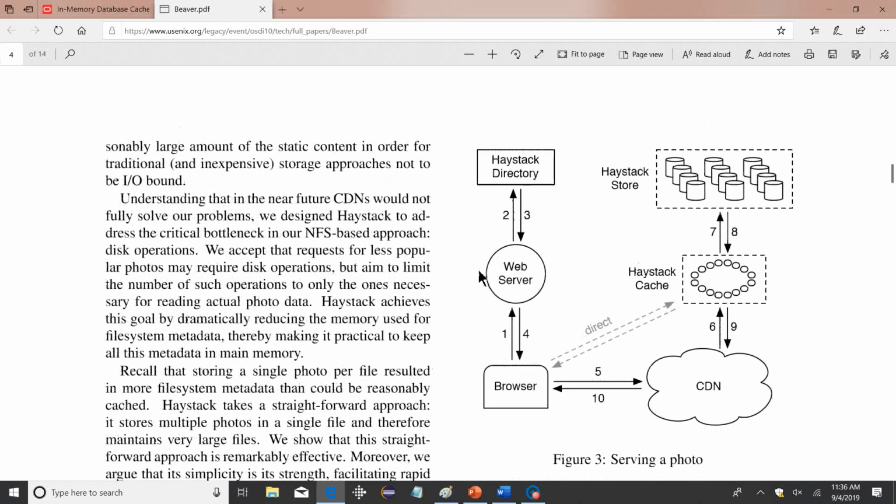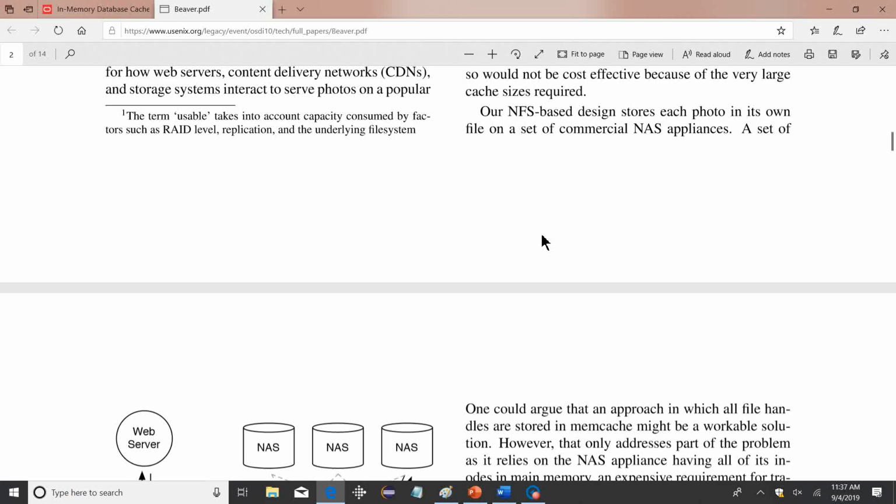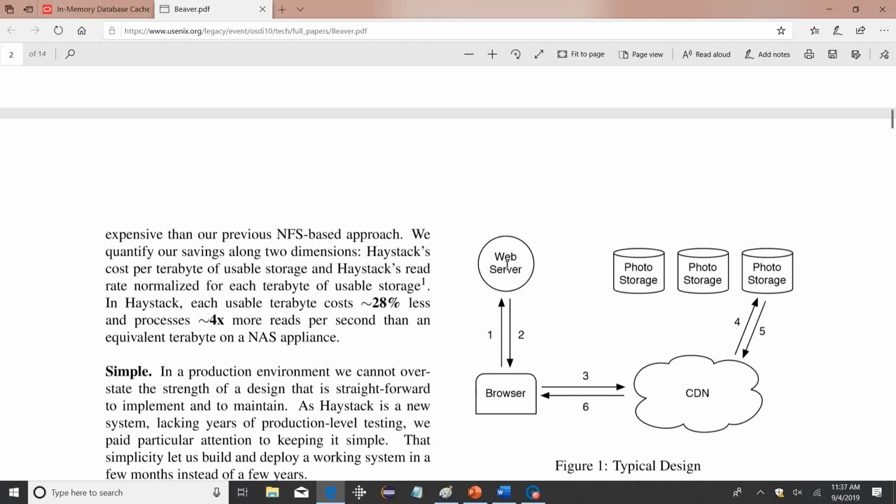Now on Facebook, when you go to an image, there's a long URL, basically the internet location of the image. And embedded within that URL is the actual location of where the photo is stored. So back here, the web server said, oh, you're looking for such and such photo.